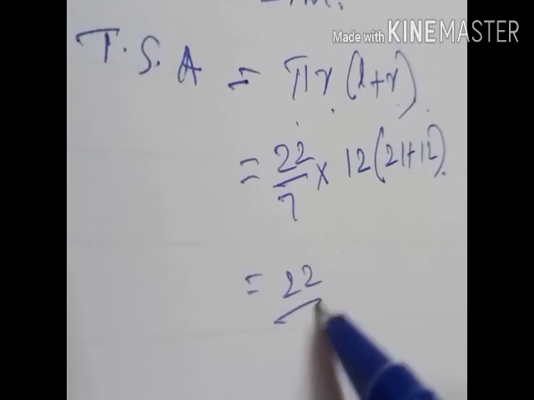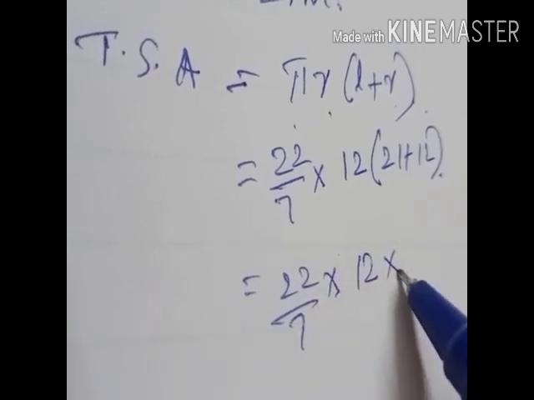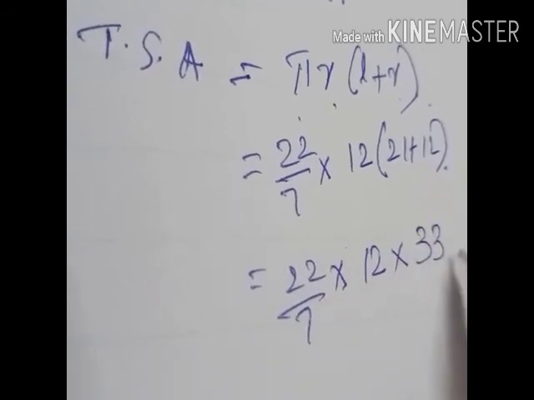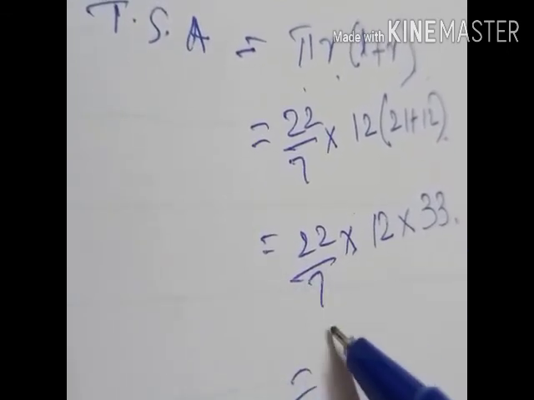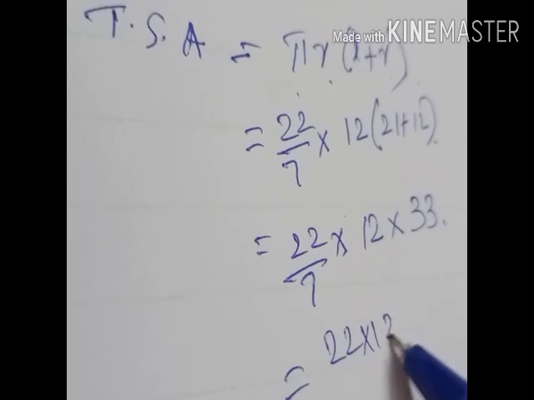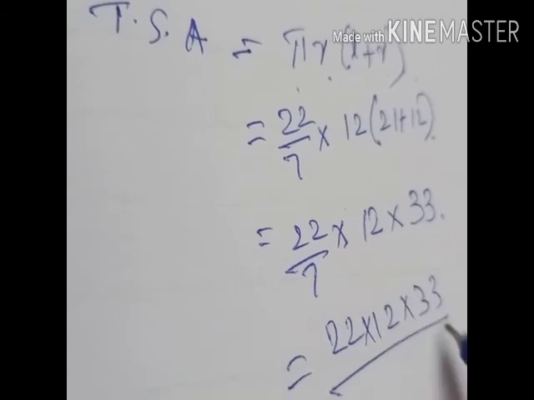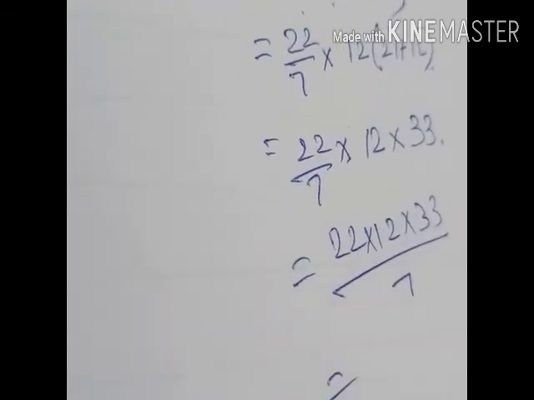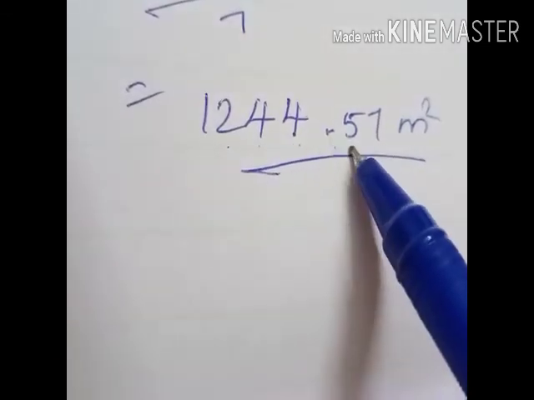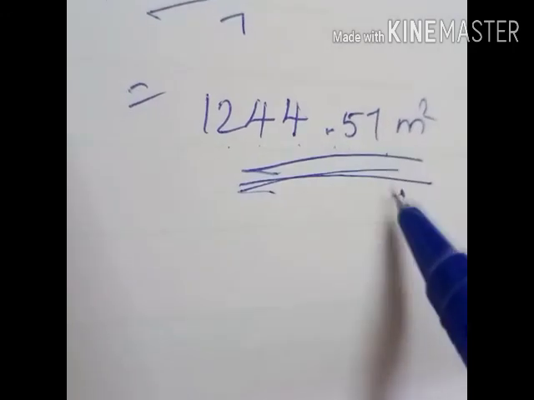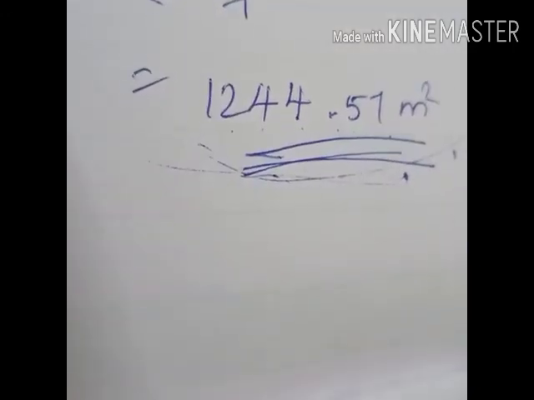Then 22 by 7 into 12 into 33. Then we can multiply all these and divide by 7. So 22 into 12 into 33 by 7. That is equal to 1244.57 meter square. This is the total surface area of the cone.